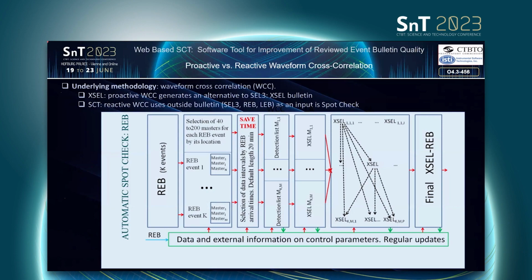We are using existing bulletins, comparing our bulletin with the existing ones, and basing our cross-correlation work on the locations and timing of the existing events. We're taking some particular data waveform intervals and only those master events which match the particular template criteria.